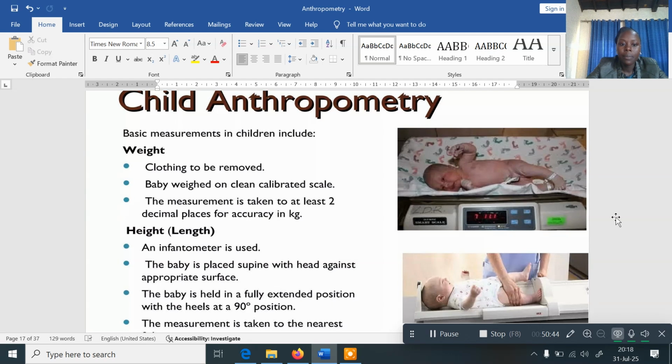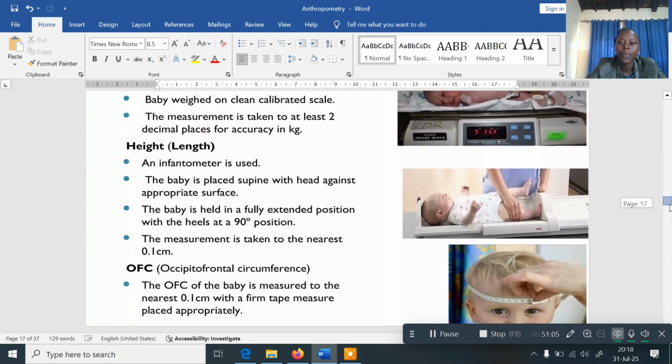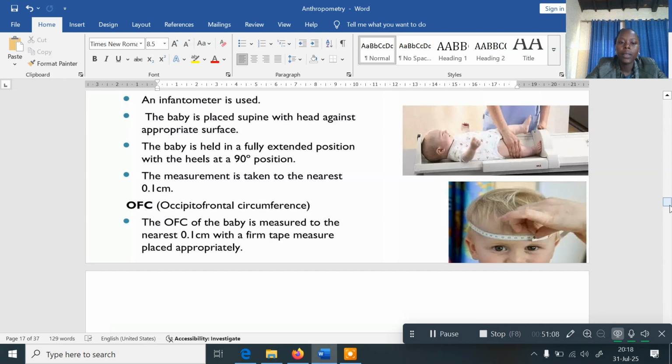Then for height we use anthropometry, and the baby is placed lying on their back with the head against the appropriate surface, as you can see in this illustration here. Then the baby is held in a fully extended position with the heels at 90-degree position.